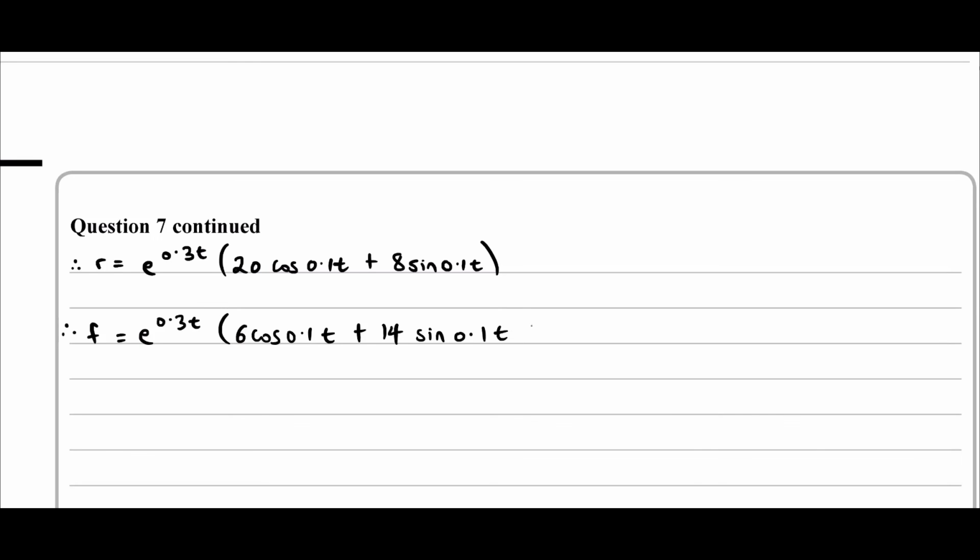So with that being said, we're finding out the year in which there's no rabbits, so that's when r is equal to 0.